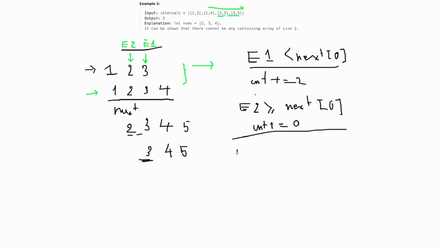Okay, so here is what if the e2 is smaller than the next 0, and the e1 is greater or equal to the next 0. So in here we have this condition, and it is expressed by this case. For example, we can see that we have one overlapping region.